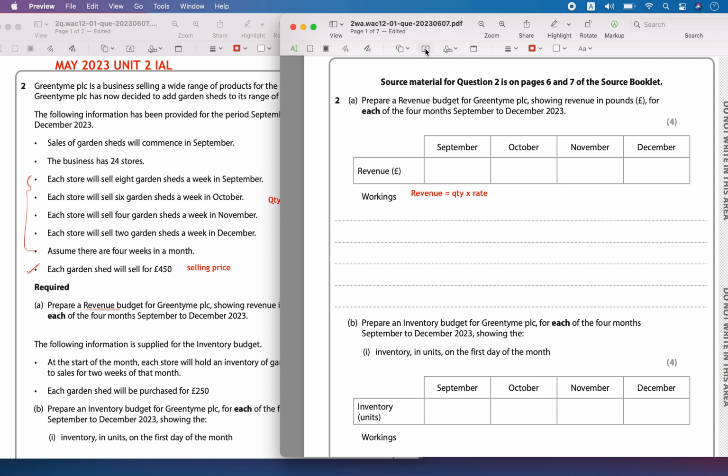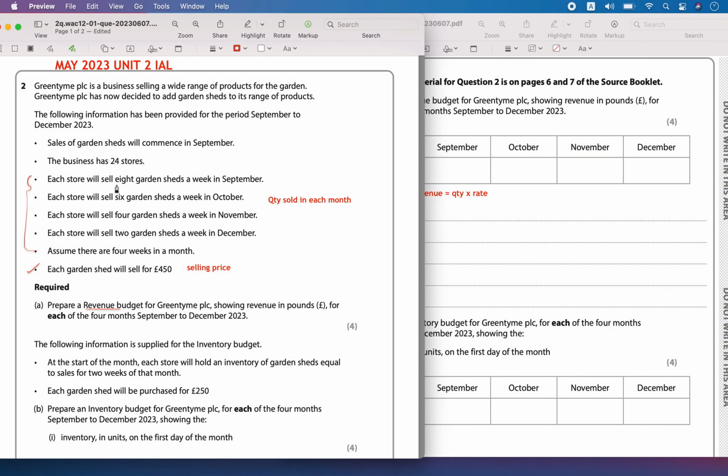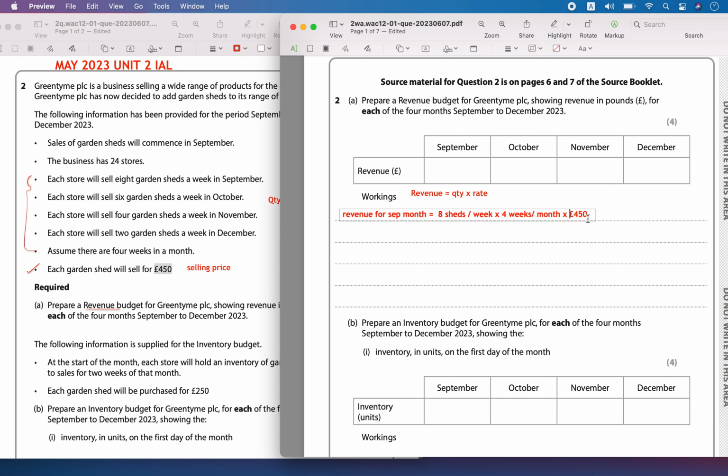Now let's calculate revenue for the month of September. There are 8 garden sheds sold in a week in September. 8 sheds in 4 weeks will cover the entire month, into 450, from all the 24 stores, so into 24 stores.